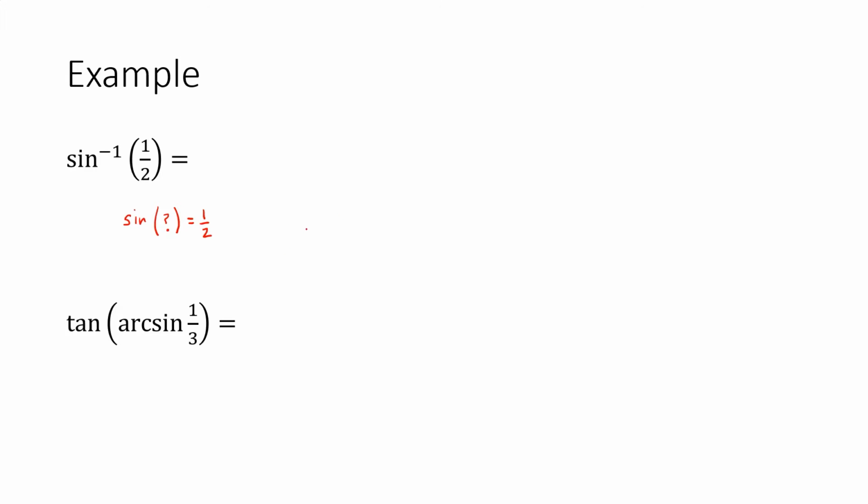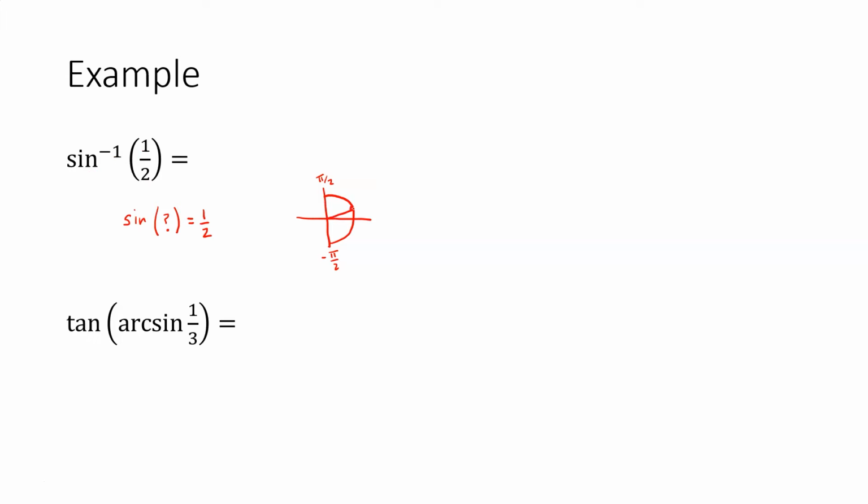In this case, it might be helpful to just remember some basic points on our unit circle. For me, it helps to remember that going from negative pi over 2 to positive pi over 2 here is our first and fourth quadrant. It's helpful to remember the basic points here. We're looking for the one that has a y value of 1/2.